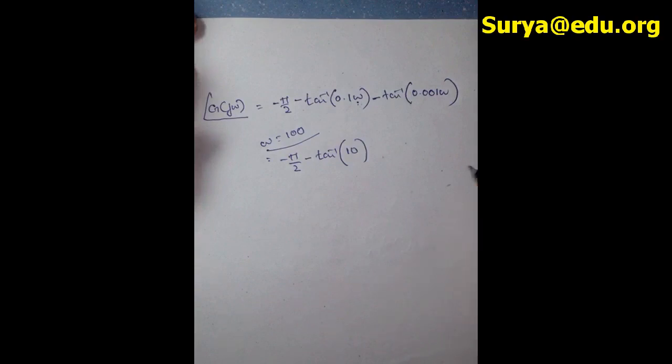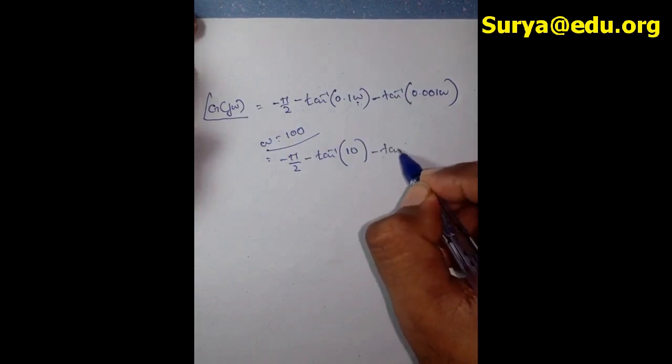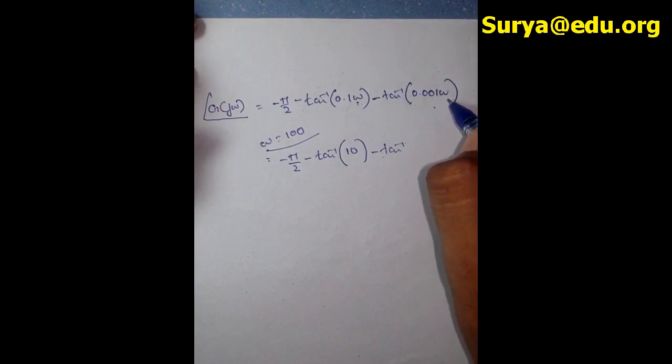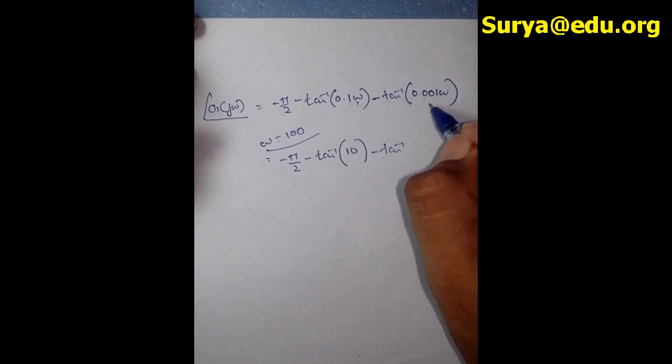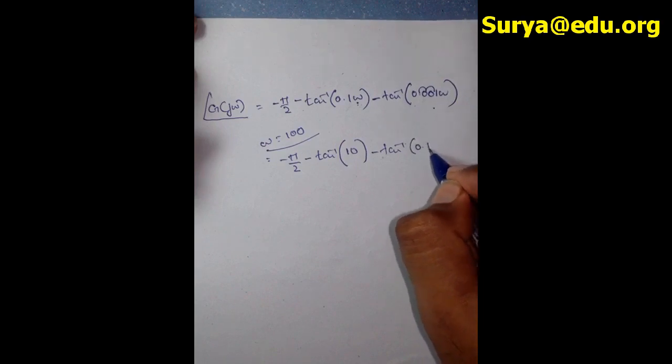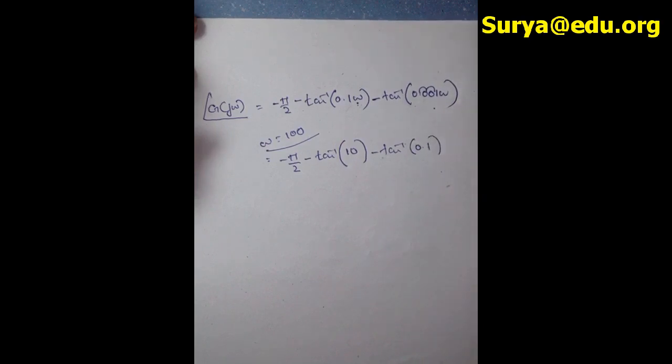It's very easy. Then for 0.001 omega with omega equals 100, when you multiply by 100, one decimal jumps here, another decimal jumps here, so it becomes 0.1. So tan inverse 0.1. The theory is very easy now.